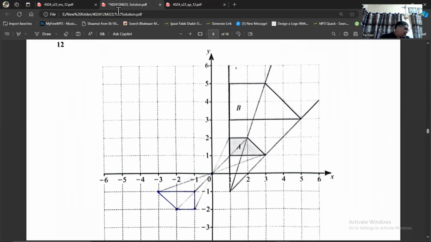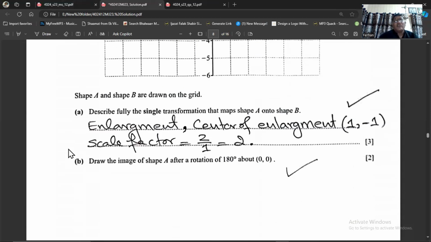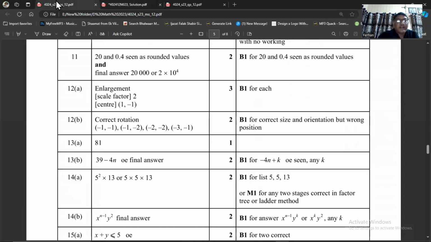So 2 divided by 1, and that will be my scale factor. So I will say it's an enlargement. The center of enlargement is (1, minus 1), and the scale factor is 2. So we are good.